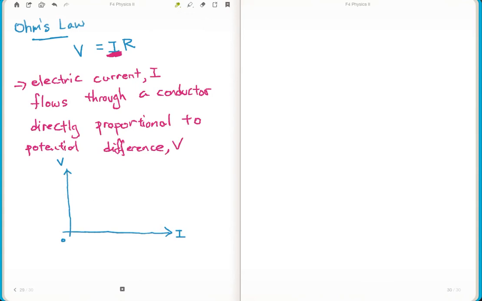What happens is you're going to have a linear line where the gradient of this line is actually called resistance.